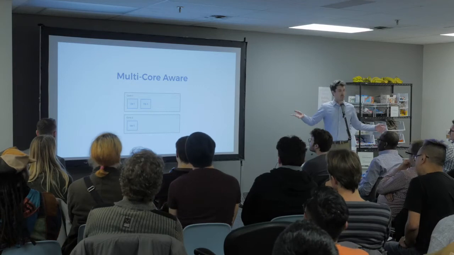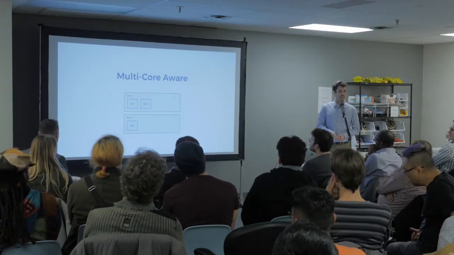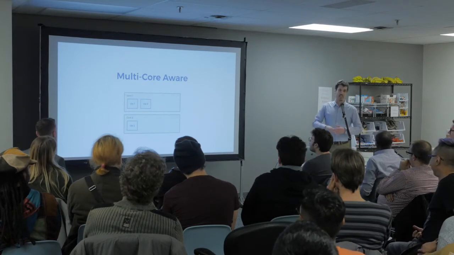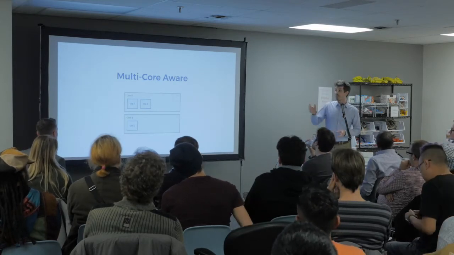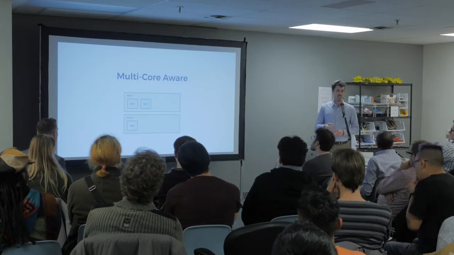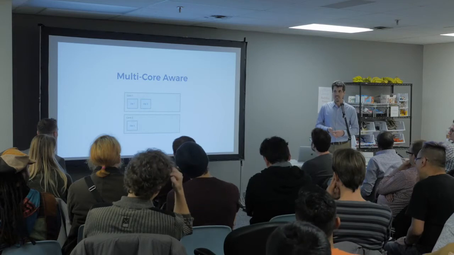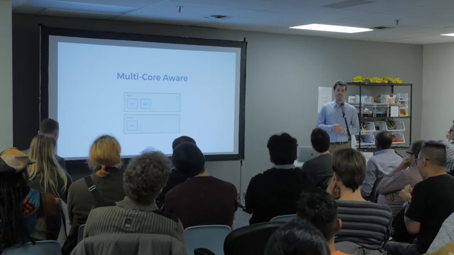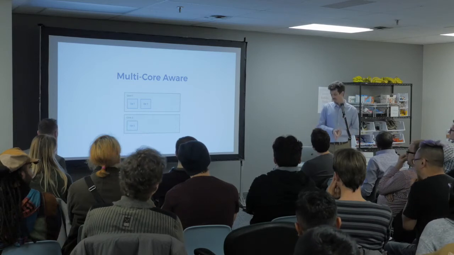What's nice too is that they're multi-core aware. So OperationQueue, in its default setting, will run as many operations on as many cores as it can. It's a very easy way to unlock performance in long-running tasks or tasks that can be done concurrently.